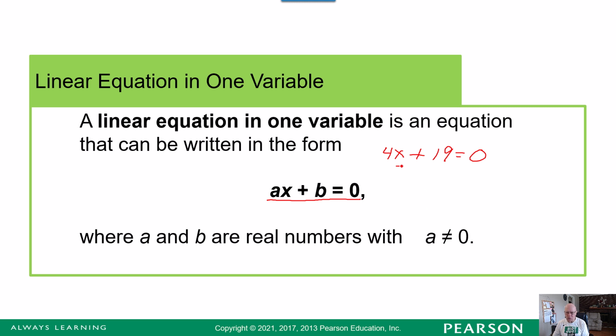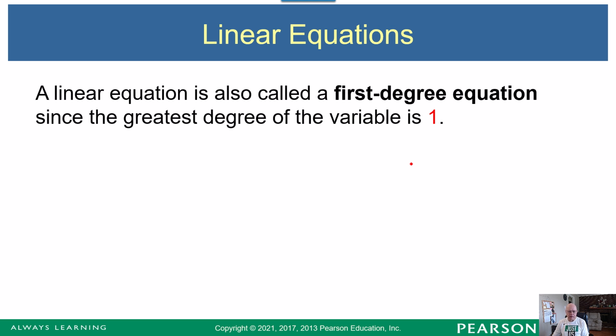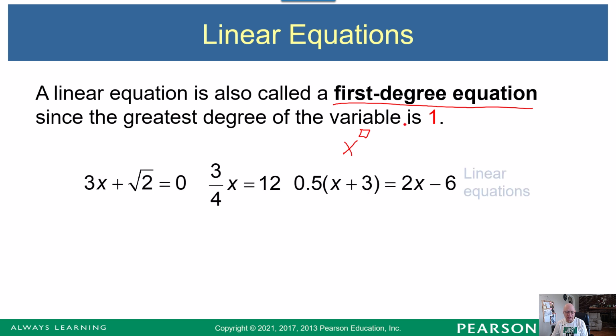The one variable is the x. And the linear equation is called a first degree equation because the greatest degree of the variable, in other words, the x, the number up here, the greatest degree is a 1. If it's anything else, it's not a first degree equation.